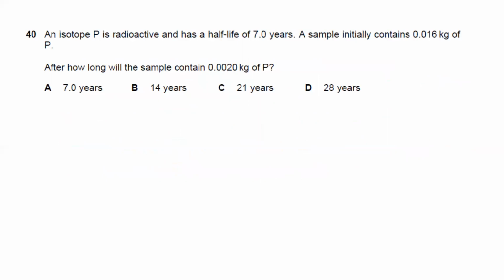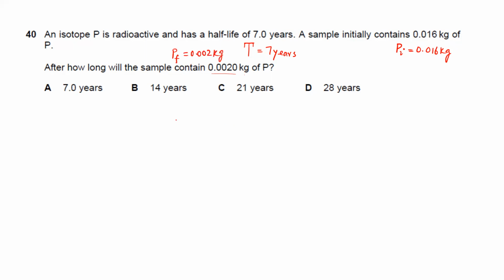So question number 40, the last question of this exam. Again, it says an isotope P is radioactive with a half-life of 7 years. So capital T is 7 years. Initially it contains 0.16 kg of P. How long does the sample take to reach the final weight of 0.002 kg?